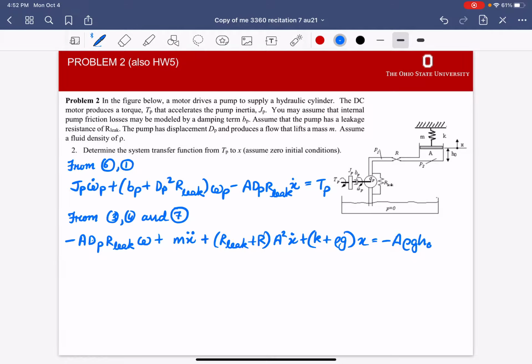Let me call these equations 8 and 9. So these final two equations, 8 and 9, are what they're asking us. So this is what we're looking for.